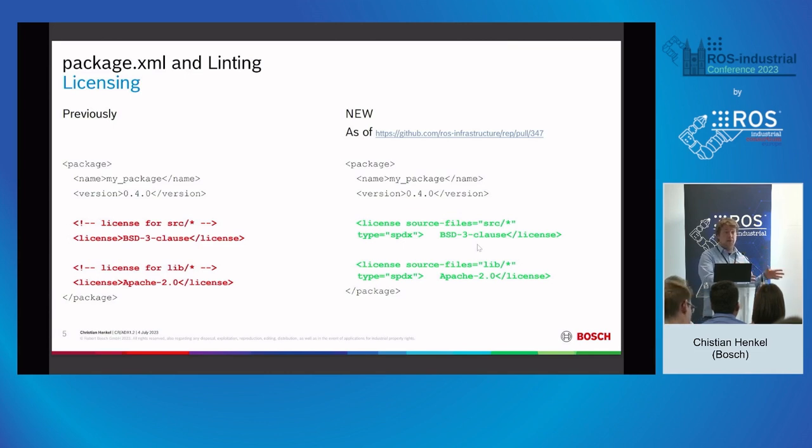And from this license text, you could infer that this is in fact BSD 3-clause. But in order to make sure that this package XML is correct, we have to put there BSD 3-clause, because BSD, as I said, could refer to multiple different licenses. And according to Wikipedia, the most likely one it would refer to is even the BSD 2-clause, which is not the one that was used in the ROS-I packages.